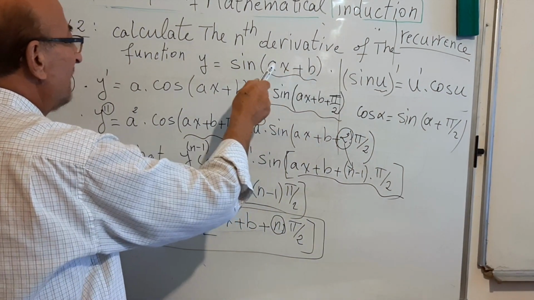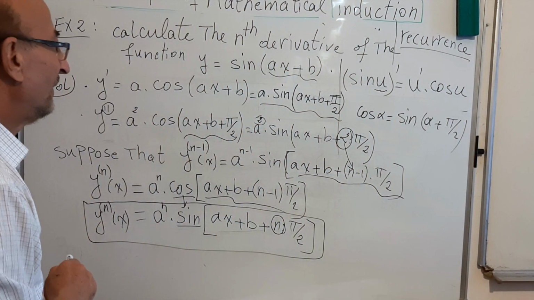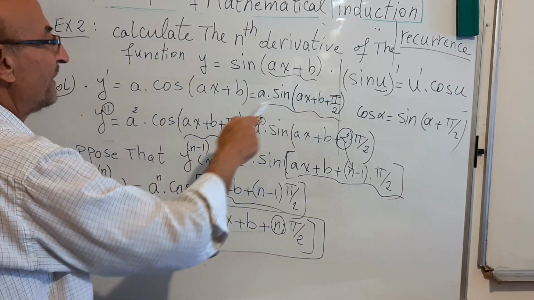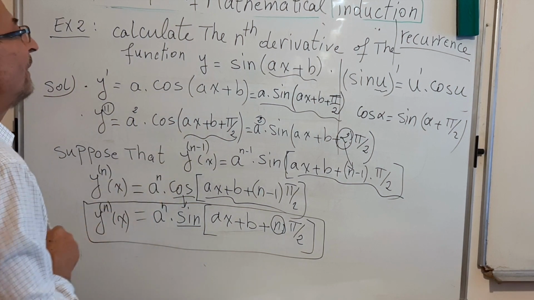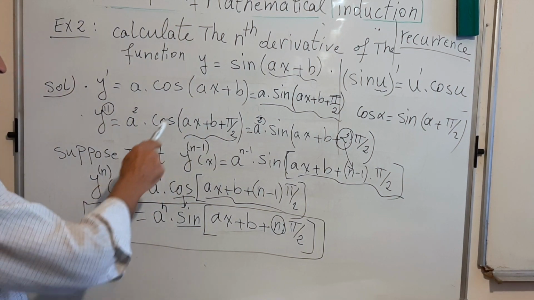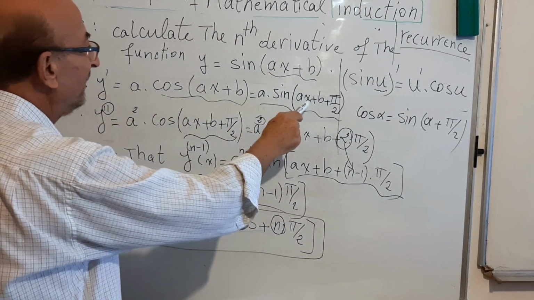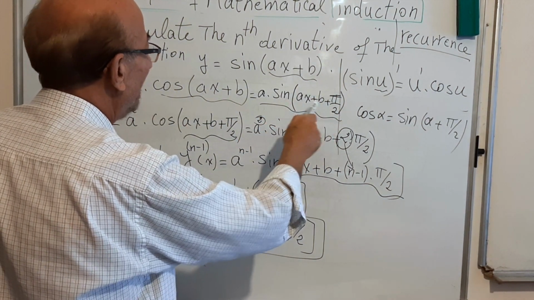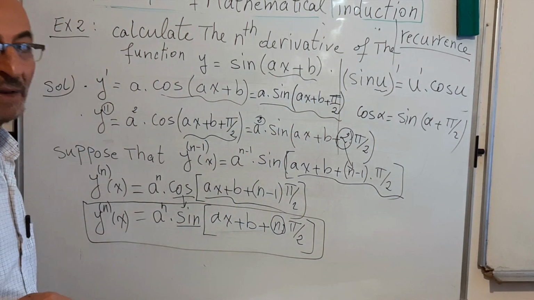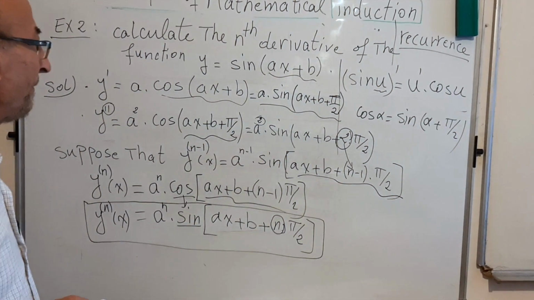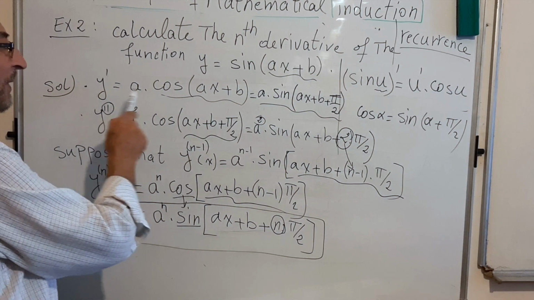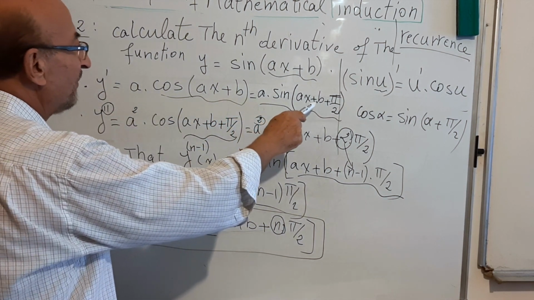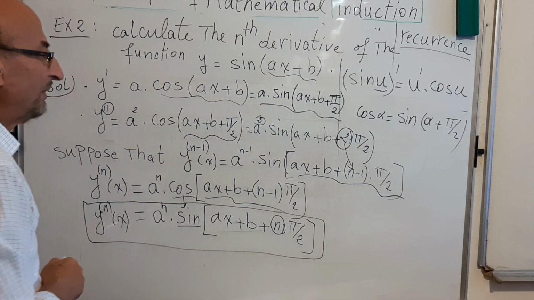Derivative of ax plus b is a, times cosine ax plus b. Transform cosine into sine: we add pi over 2 to the arc ax plus b. Y prime equal a times sine of ax plus b plus pi over 2.